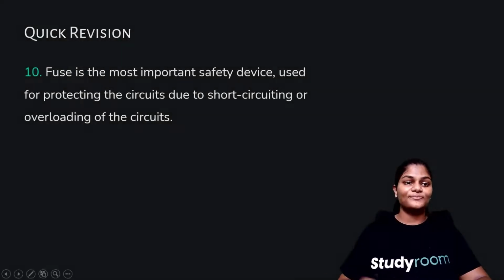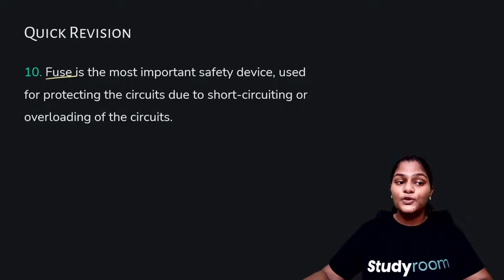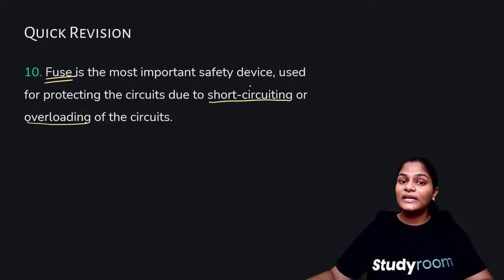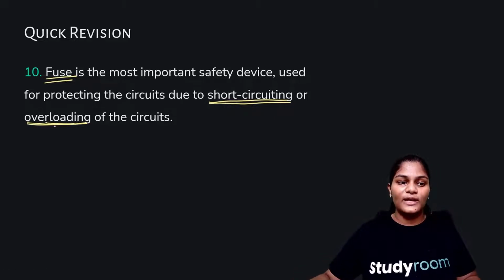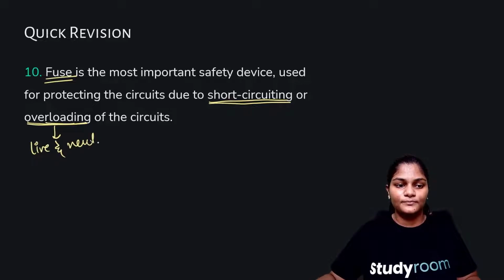Let's move on. Now it says that the fuse is the most important safety device used for protecting circuits due to short circuiting or overloading. And we had studied short circuiting and overloading. What it was: it is when the live and the neutral wire come in contact.